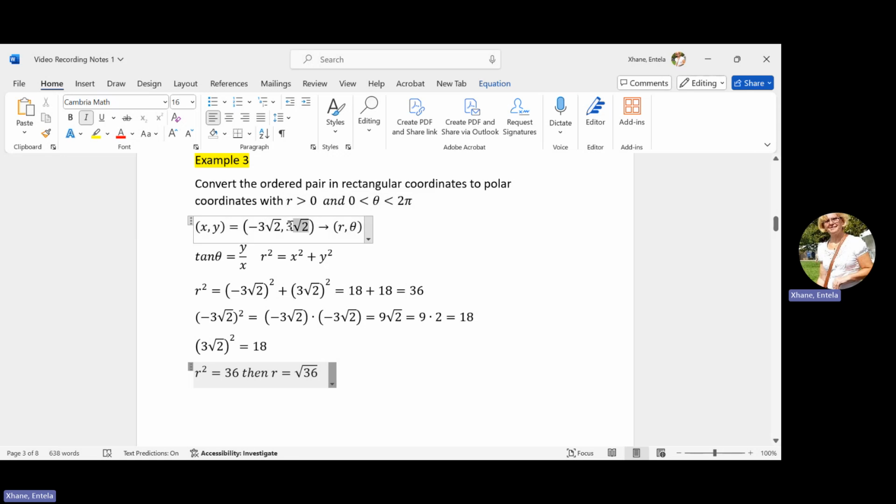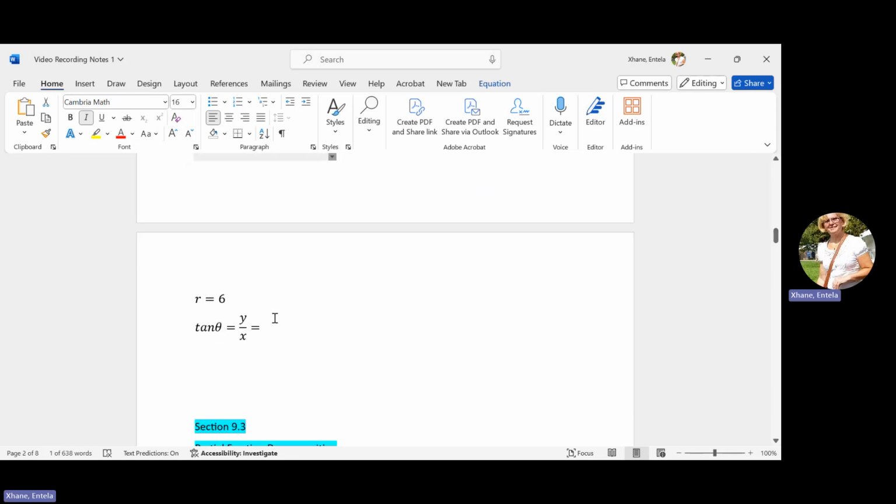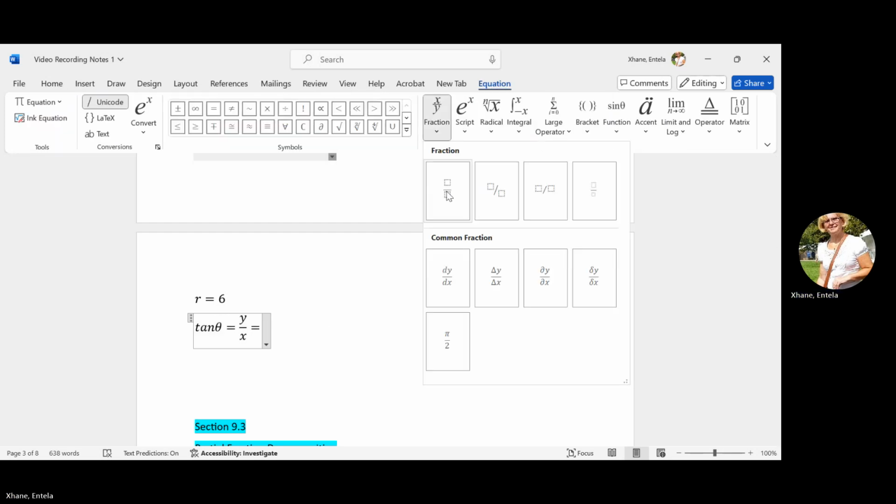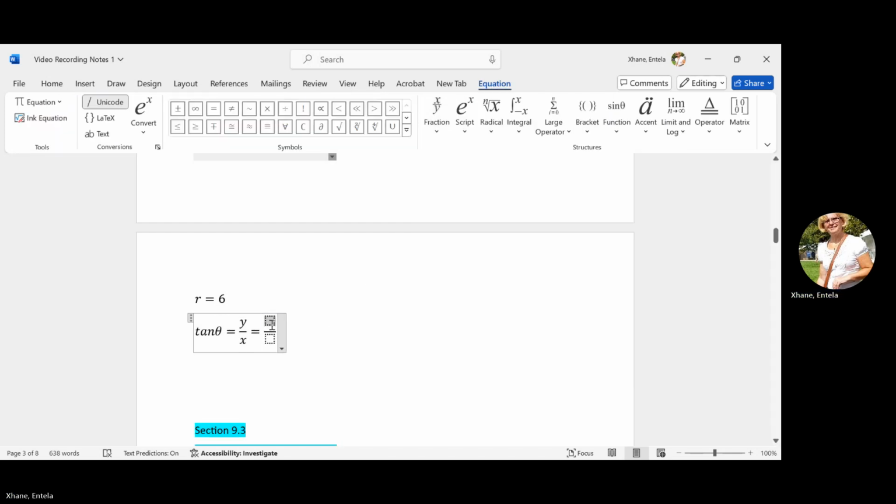My coordinate y is positive 3 square root of 2. So let's plug that in. So let me pull out the ratio. And then same thing, but with a minus in front of it, that is coordinate x. So definitely you're dividing two numbers that are numerically the same, but one is positive, the other one is negative. So that's going to be negative 1.